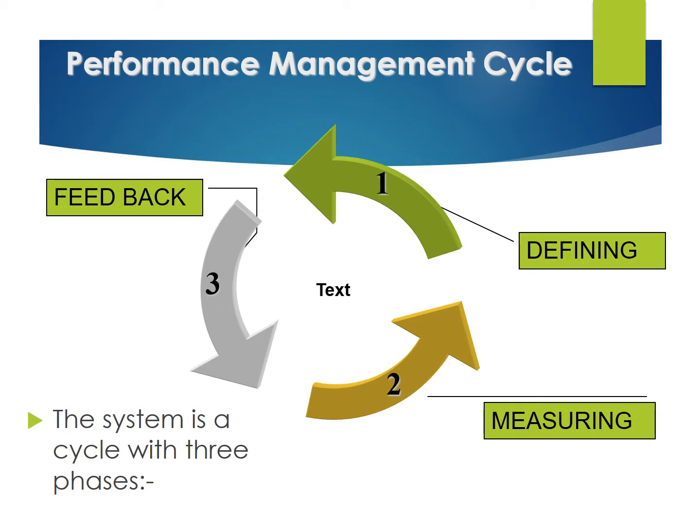It has a defining stage, a measuring phase, and a feedback stage. Now we're going to talk through what happens at each phase, but what I want you to recognize from this is that what we're looking at is aligning the entire organization along a particular process.